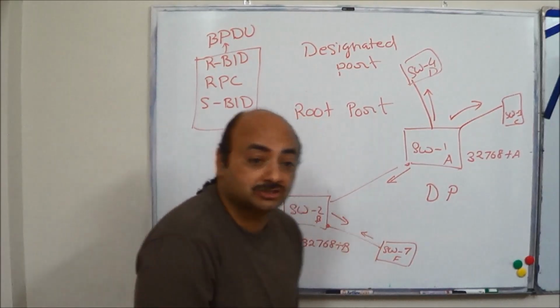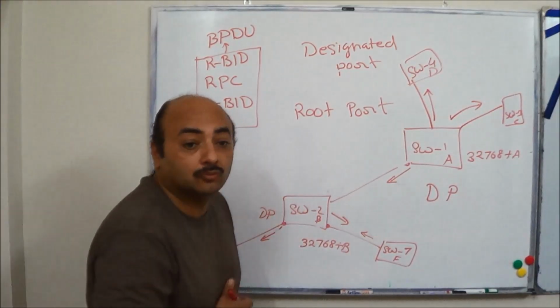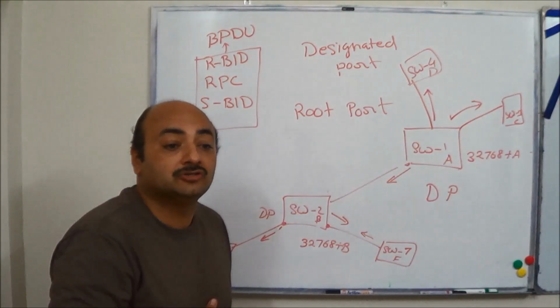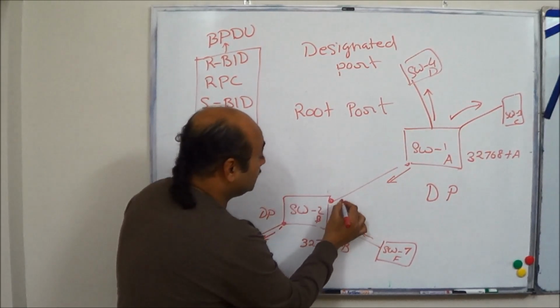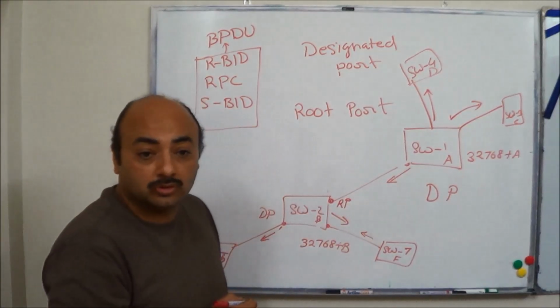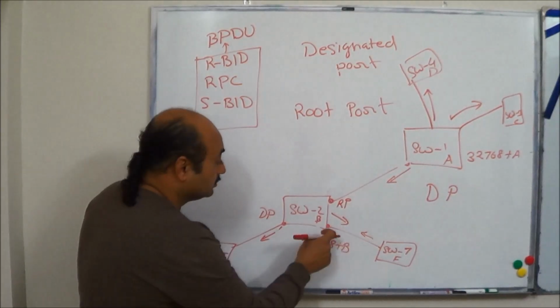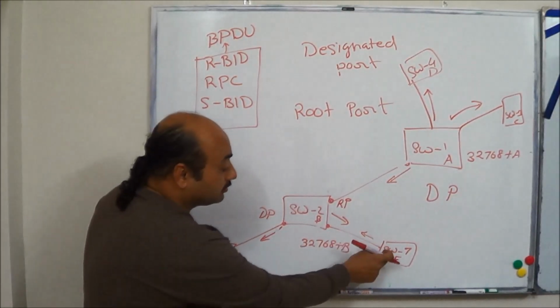For this switch, what is the shortest distance towards the root bridge? This port. So this becomes an RP, root port. For this switch, what is the shortest distance? This port, this is the path to the root bridge.